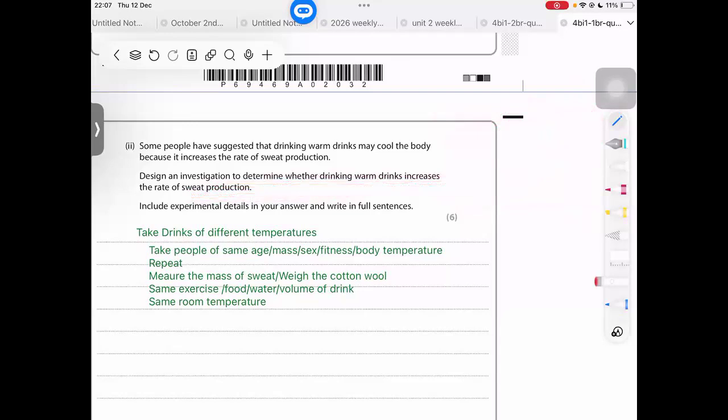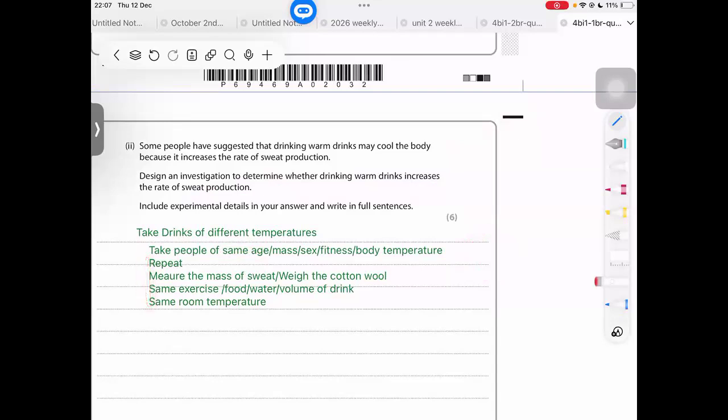So if you are taking people, you must mention that all these people are either of the same age, or of a similar category, or they have the same mass, or the same gender, or the same fitness, or their body temperature is equal, right? So you must mention that first, and then you can't just write like this, right?